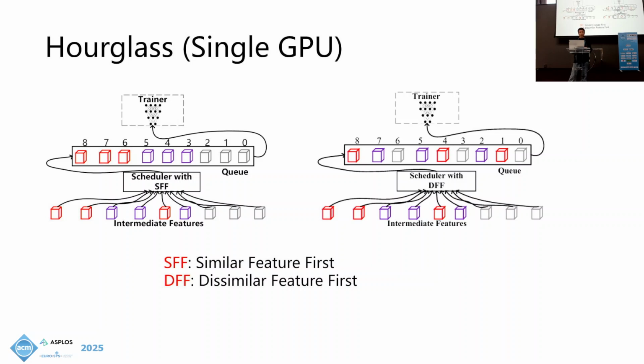The reason is that SFF adjusts the machine learning model in a specific direction and potentially traps the model in a local optimum, reducing the generalization capacity.